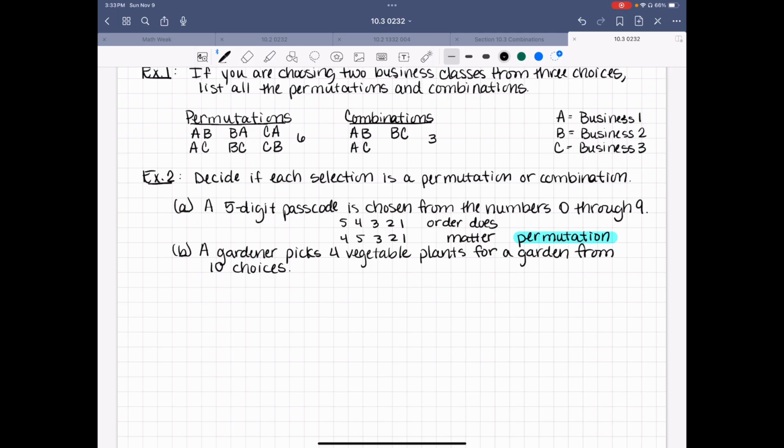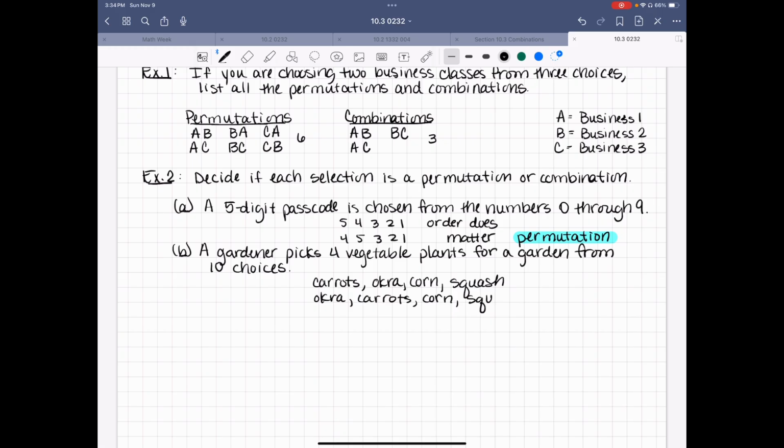Guys, if he buys, let's say, carrots, what else do we have? Okra, corn, and squash. Okay, so there's 4 vegetables. He picks those off the shelf. He's going to purchase those. That's the same thing if he buys okra first, carrots, corn, and squash.